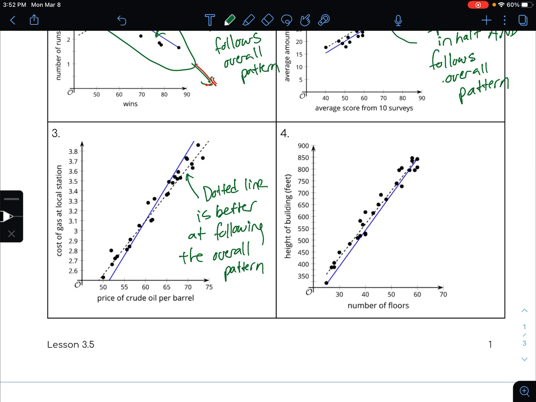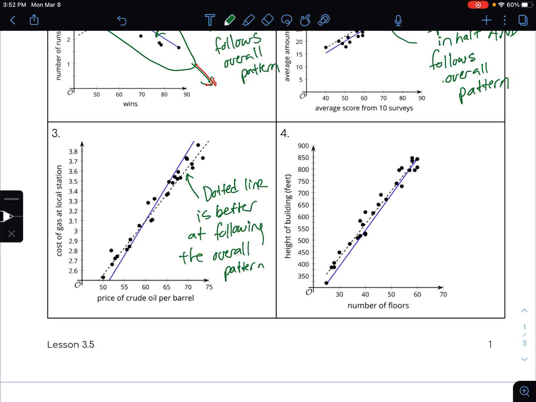And then the fourth one, again, you have to look at that carefully. If you look at the blue line, both lines seem to follow the overall pattern pretty well, but with the blue line, notice most of the points are above that line. Most of these points right here are above the blue line. There's only a few that are below. So it doesn't really split the points in half very well.